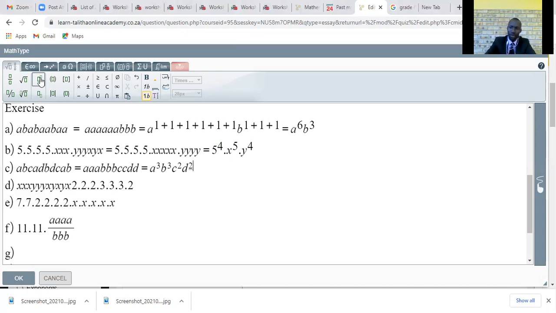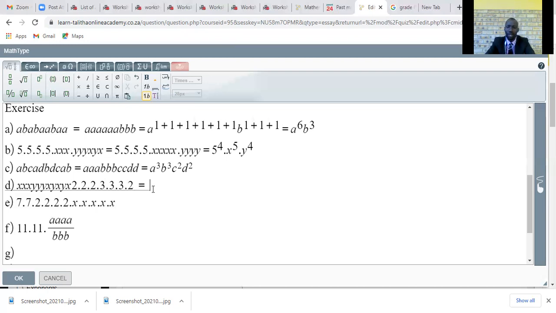Well, we can now go ahead to look at question 1, part D. So we also group. It's better always to start with the numbers before we go to letters. So we start with the 1, 2, 3, 4. There are 4 twos.